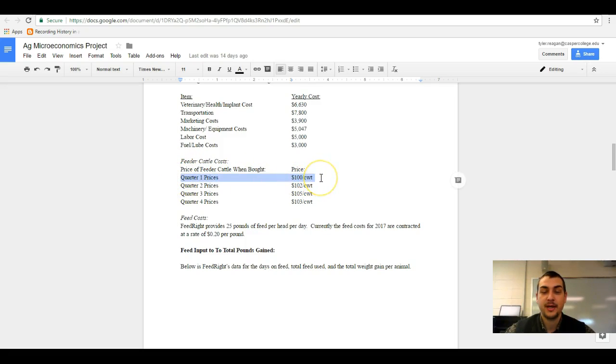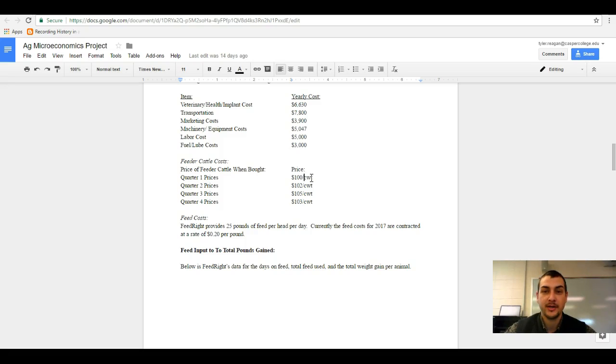The amount that you pay per head, per animal, is going to actually buy the animal. So within a feedlot, you have to buy the animal, turn around and feed it, and then sell it at a heavier weight. So this is the price that you're going to be buying the animal at. You have $100 per hundredweight, and you multiply that by the weight of the calf.